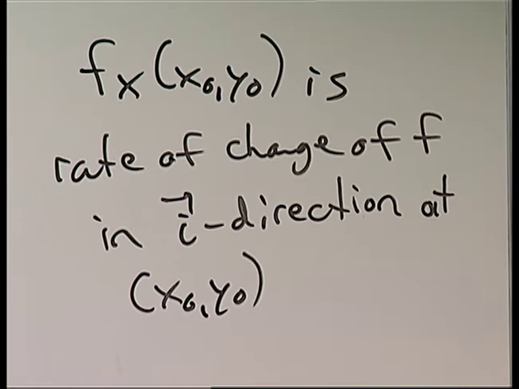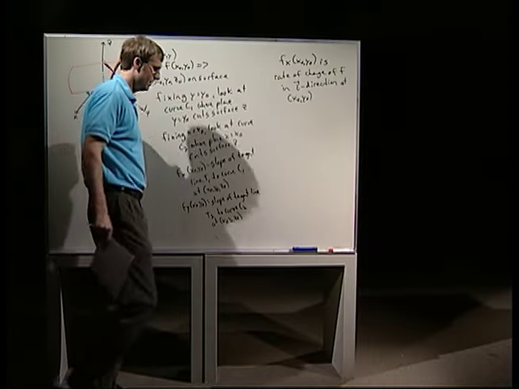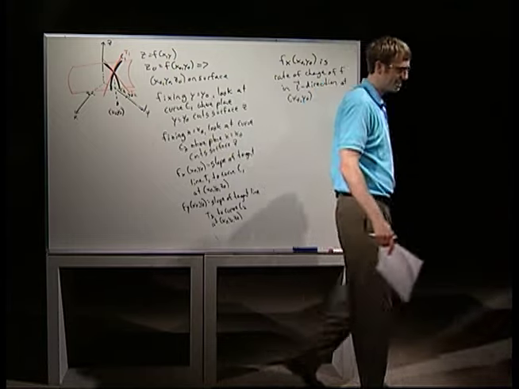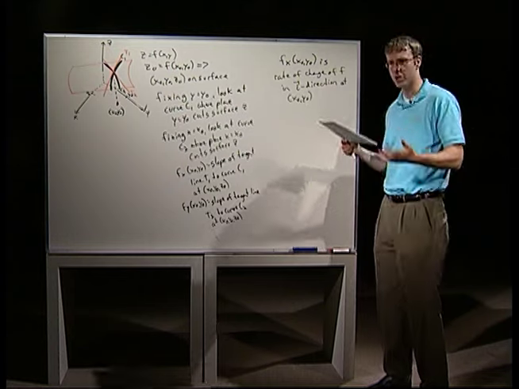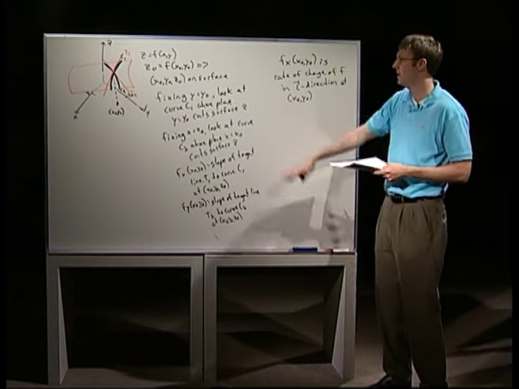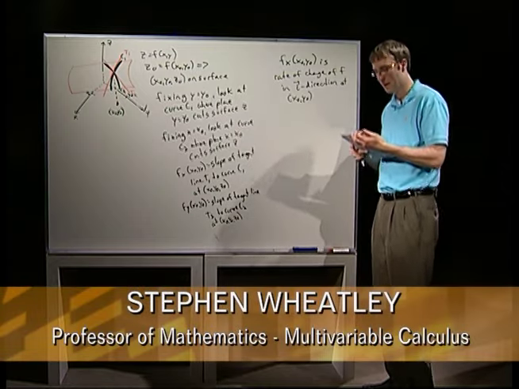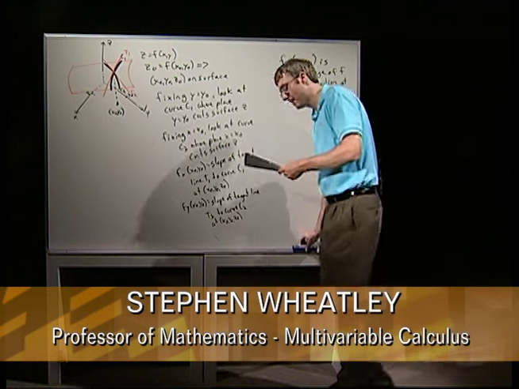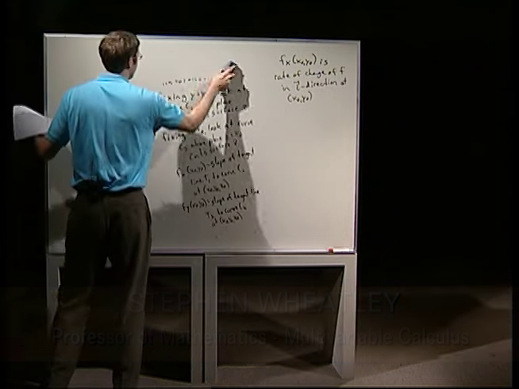There's no movement for y. Similarly, the partial with respect to y is the rate of change in the j direction. So that's rate of change, and these are not such unfamiliar objects to us. They're very similar to what we've seen before. Let me do an example here and maybe get rid of some of this stuff.